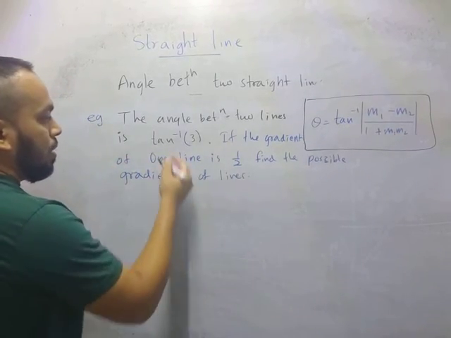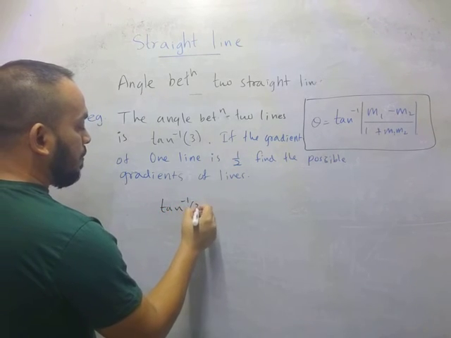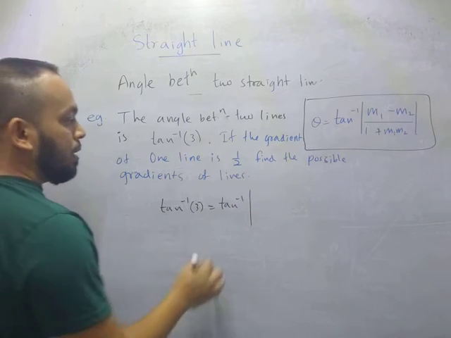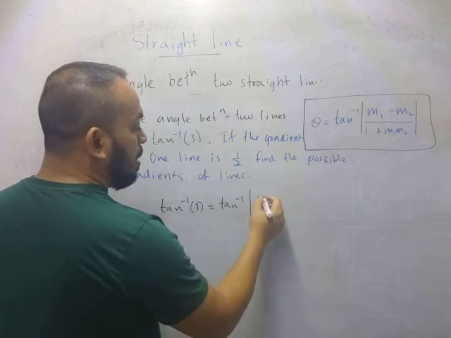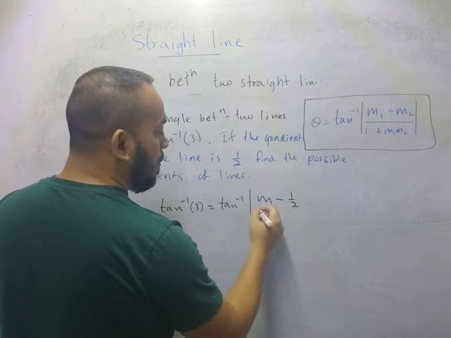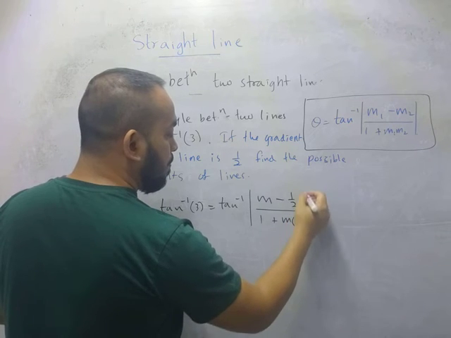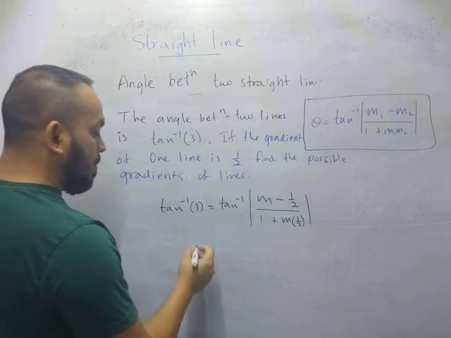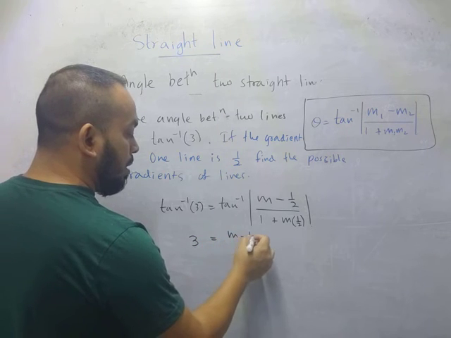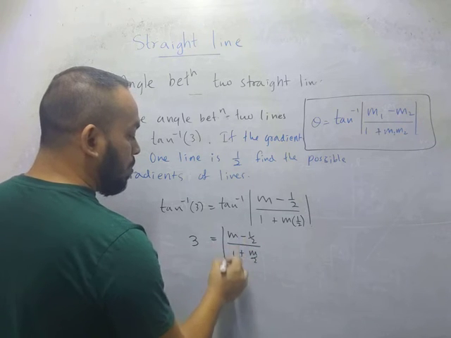Right. So put theta equal to tan inverse of 3, equal to tan inverse of this whole thing. Suppose the gradient of the other line is m, then m minus half divided by 1 plus m into half. So tan inverse cancels out, then 3 would be m minus half divided by 1 plus m divided by 2.